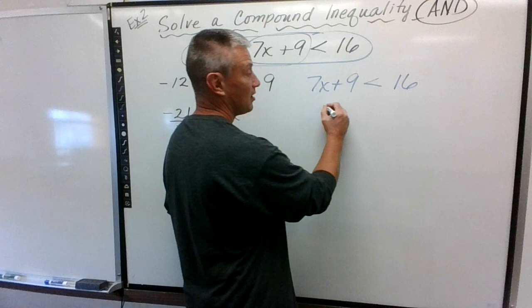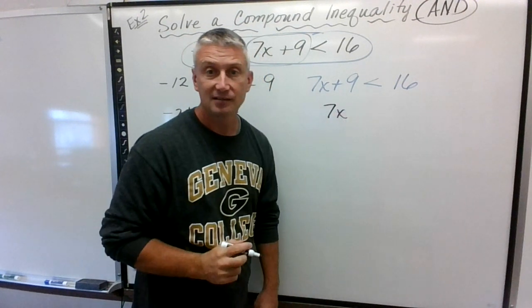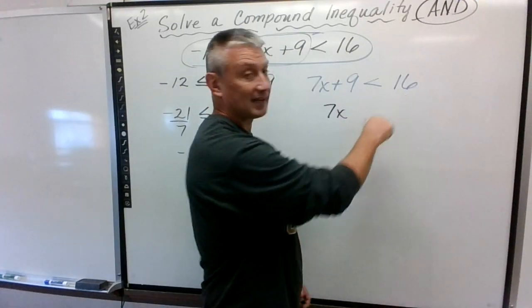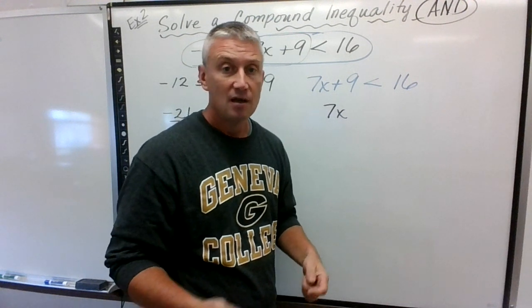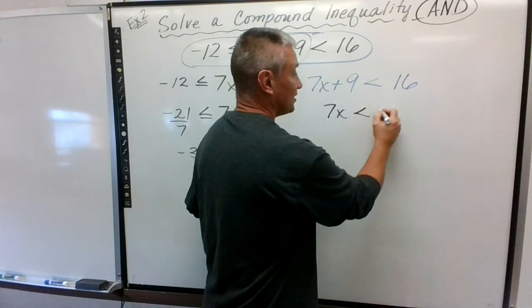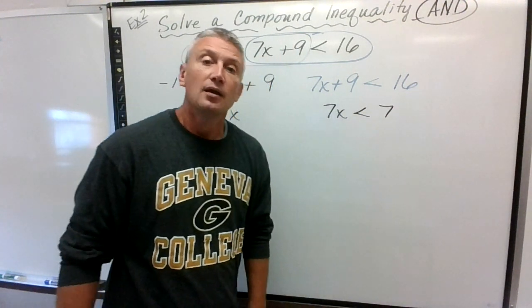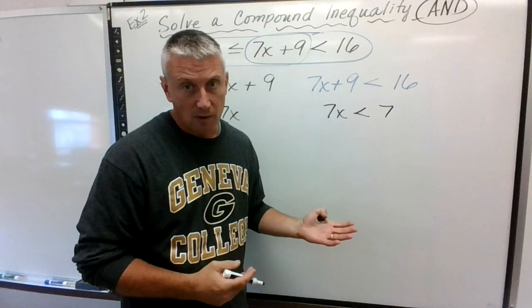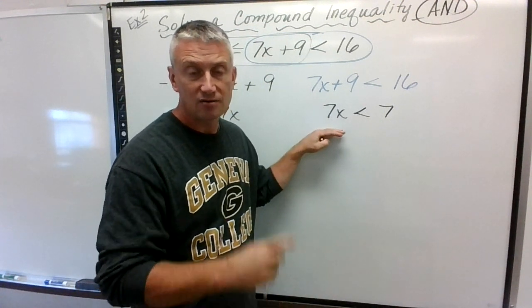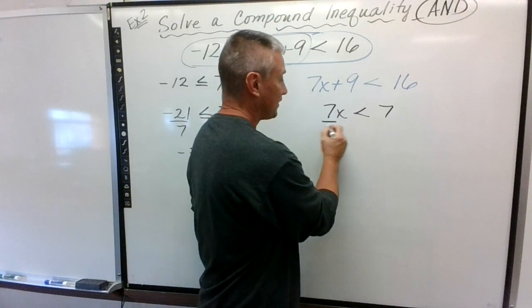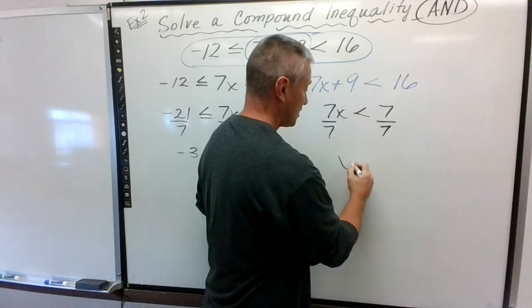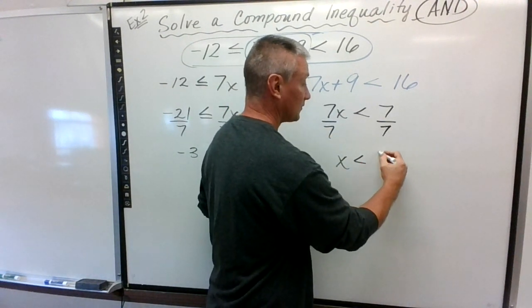If I take 9 away, all I get is 7x. And if I take 9 away from that side, it's positive 16 minus 9, which is equal to 7. Once again, use the next property of equality. That's multiplication. Undo it with division, so divide on both sides. X is less than 1.